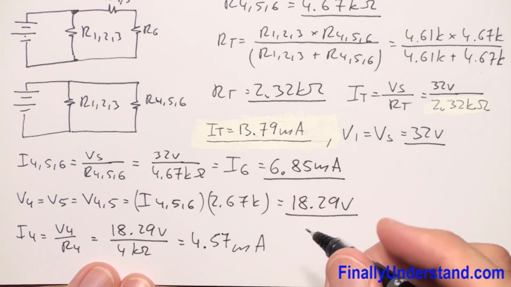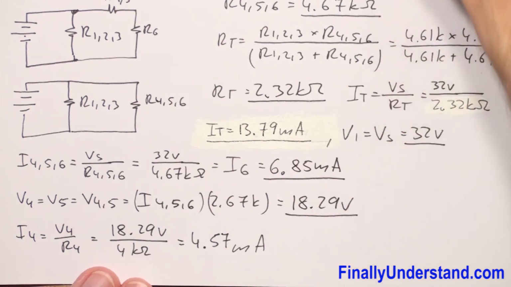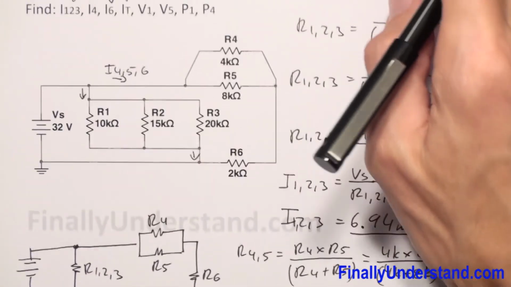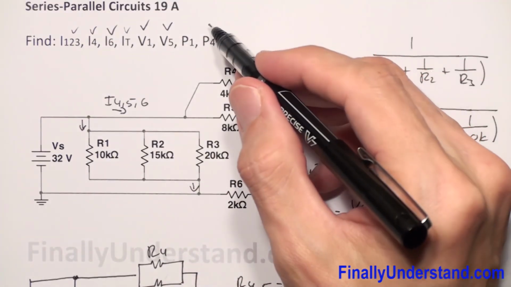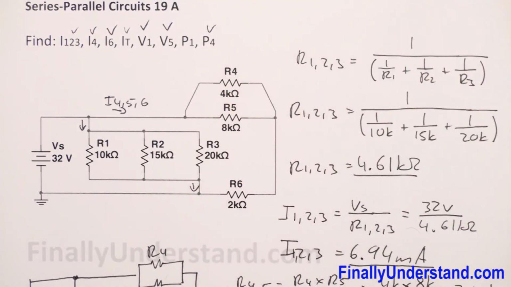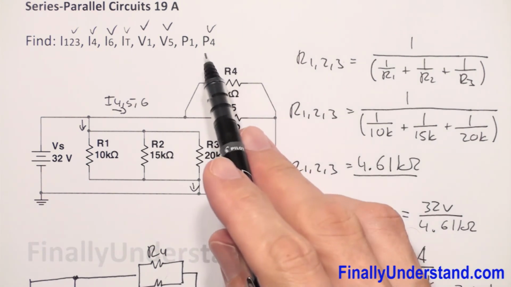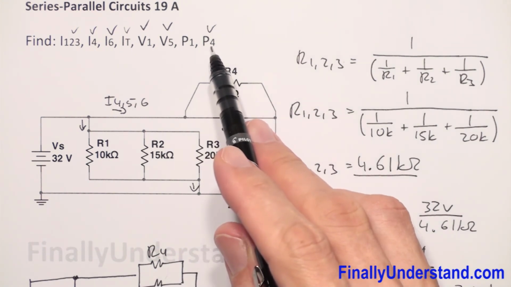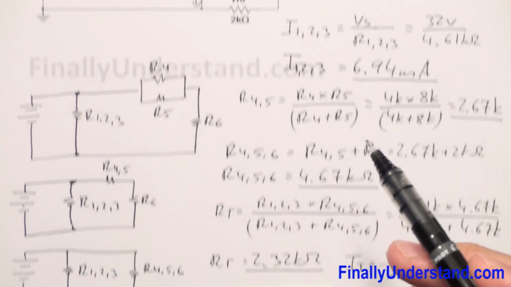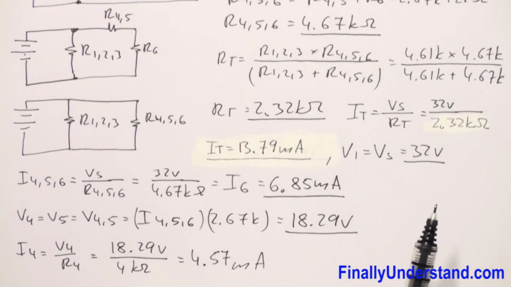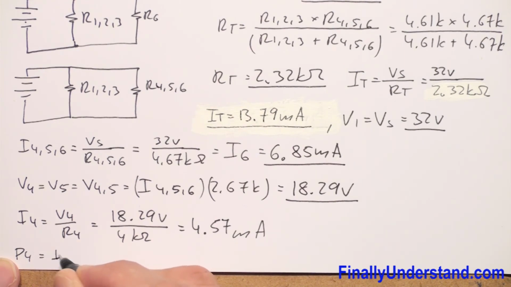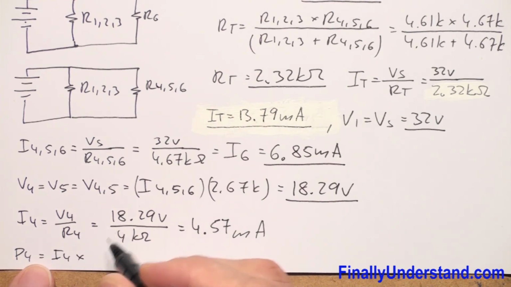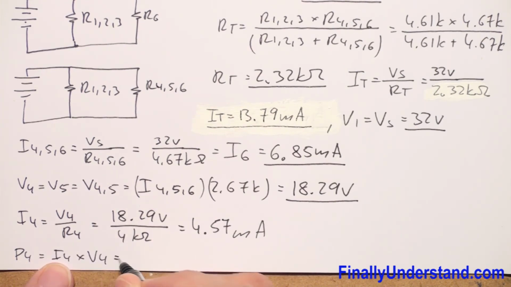Next, I'm supposed to find also power. We found I4. We're supposed to find power P4. I have the voltage across this resistor and the current through this resistor, so I can find P4. P4 is equal to I4 times V4.